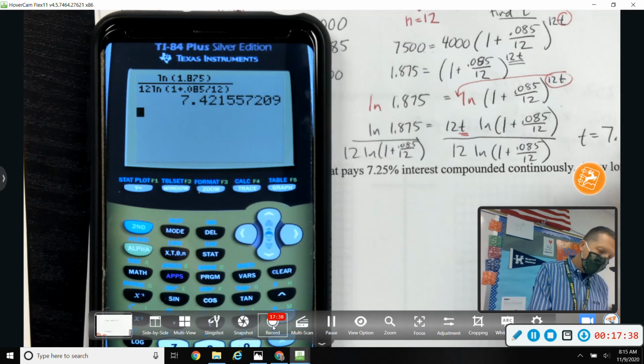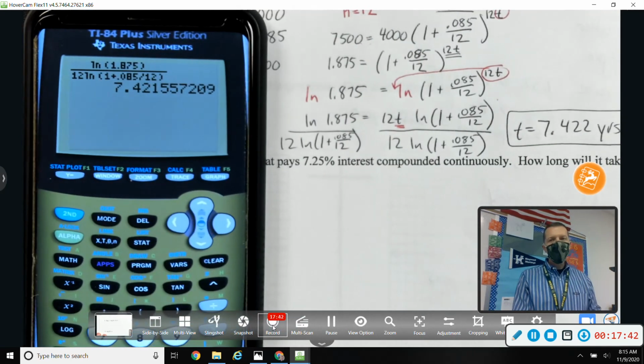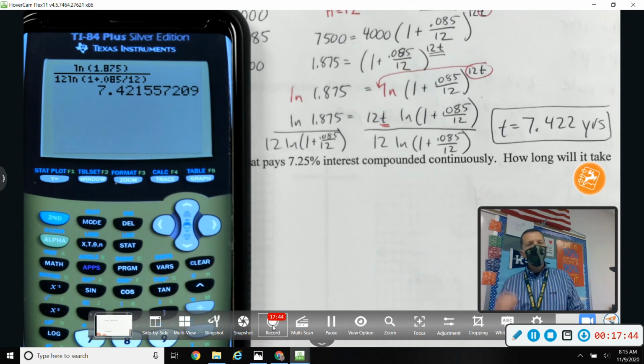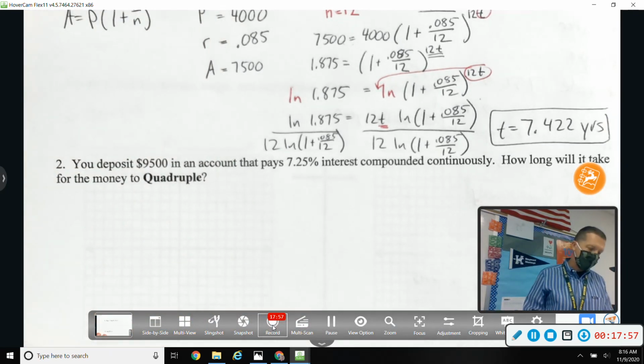That gives 7.422, and since that's time, it's in years. That was a lot of steps in that one. That one would be a really good one to try to check your answer on. But I'm running out of time, so I'm not going to check my answer on that one.